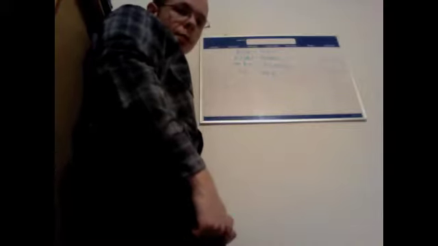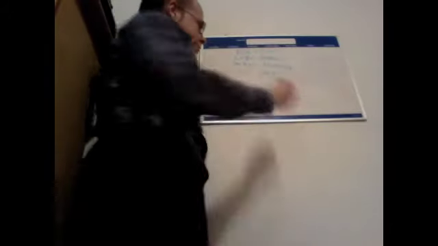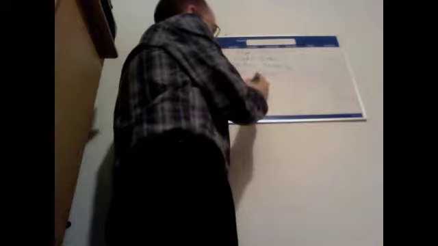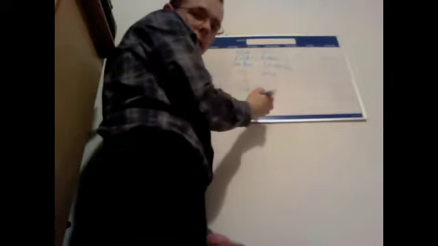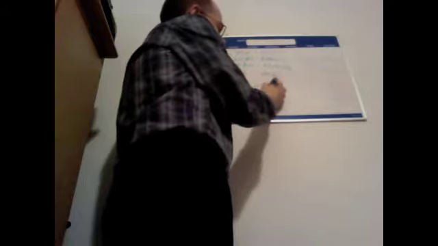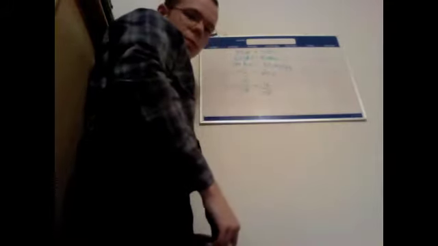Going back to your math class, you might remember doing something like this a couple of weeks ago. X over 100, or percent over 100, equals is over of. This is one of these kind of problems.